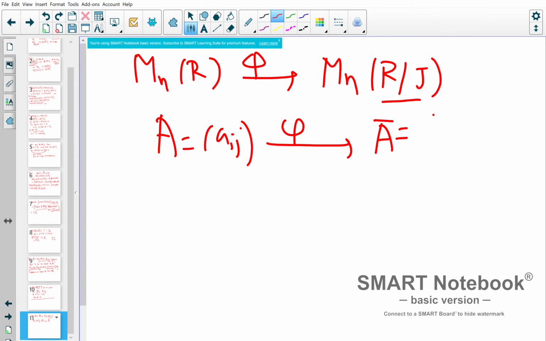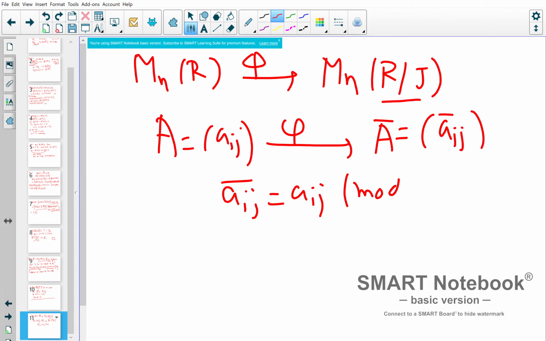What is A bar? A bar is Ij bar, where Ij bar is nothing but Ij mod J. So if you take the modulo J, then it becomes the element of Ij bar, right?